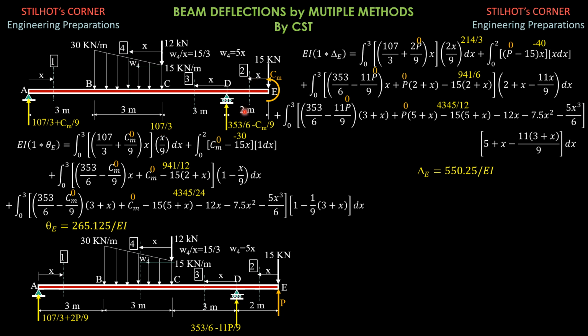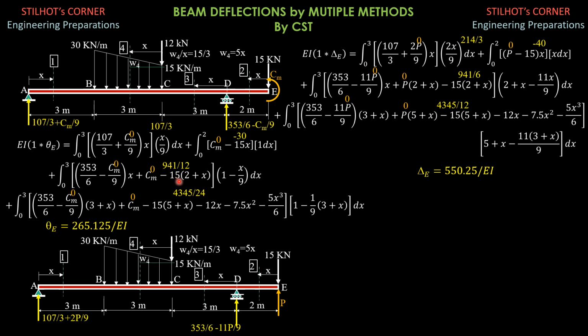For section 2, it is integral of quantity C sub m minus 15 times x. Then the derivative of C sub m minus 15x with respect to C sub m is 1 dx. Setting C sub m 0 and integrating, it is negative 30. At section 3, we have integral 0 to 3 of quantity 353 over 6 minus C sub m over 9 times x, then plus C sub m minus 15 times 2 plus x.